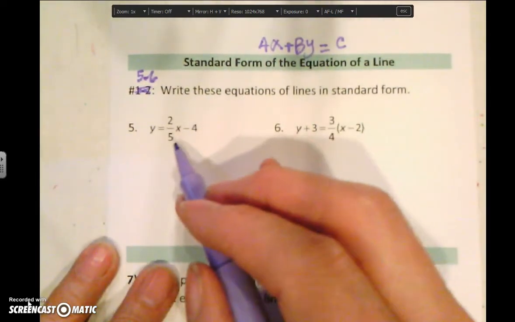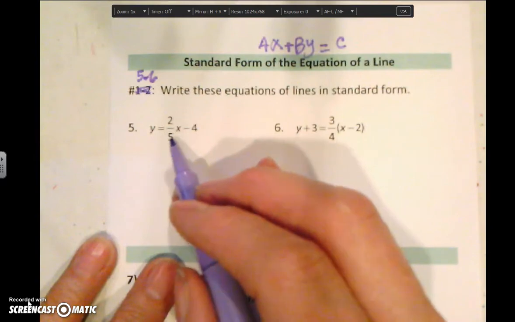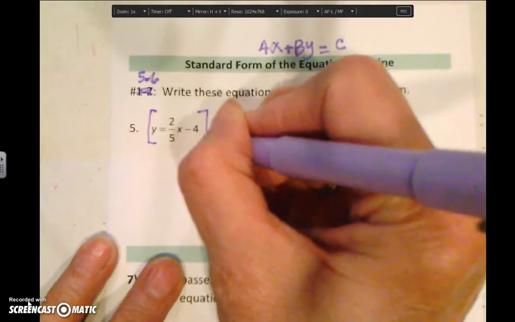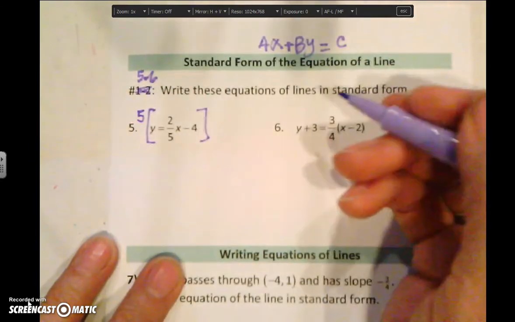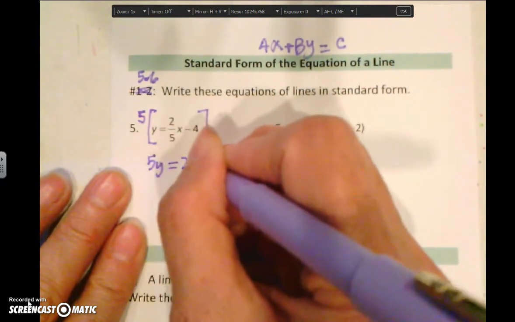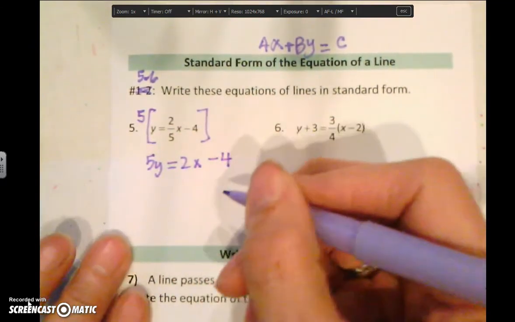So first thing I would do is to get rid of my fraction, because I can't have any fractions in my final answer. So I'm going to multiply through all my terms by 5 and come up with 5y is equal to 2x minus 4.